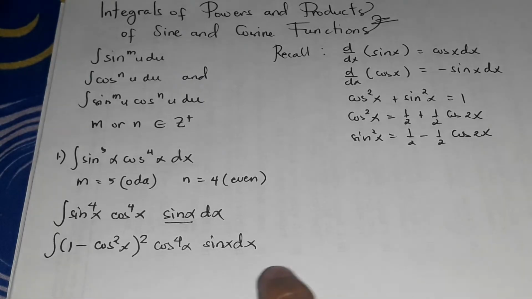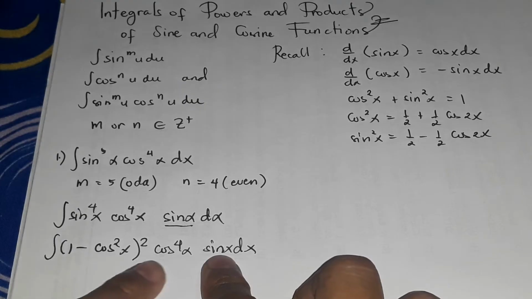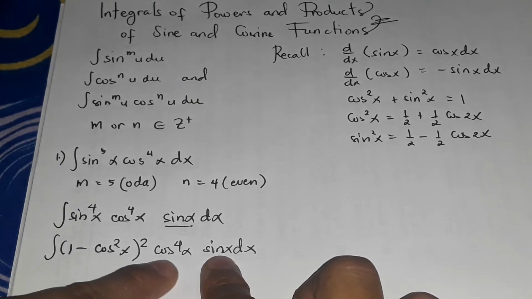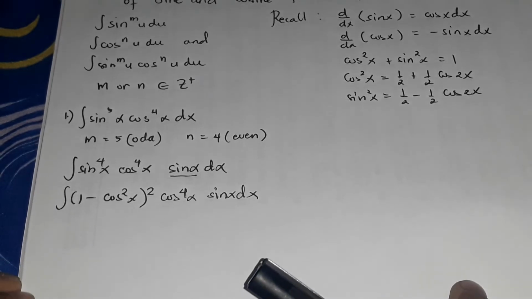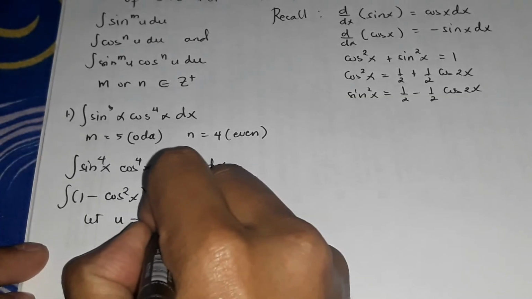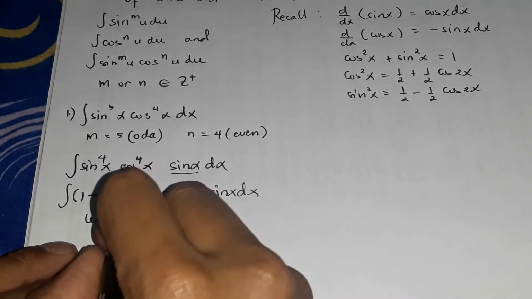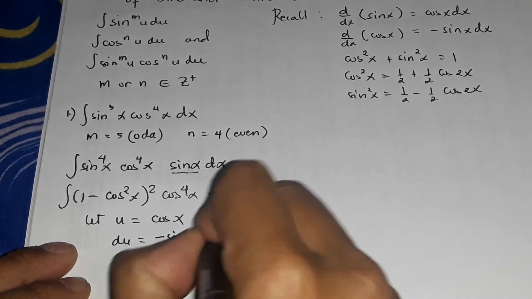What you notice on this integral is that aside from this sine x, everything is now written in terms of cosine, and we can now let u be equal to cosine x, and its derivative is negative sine x dx.